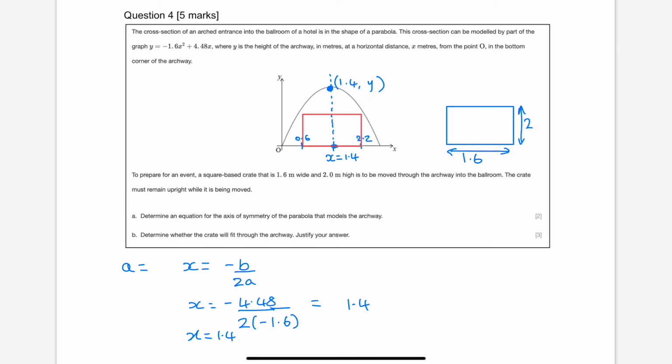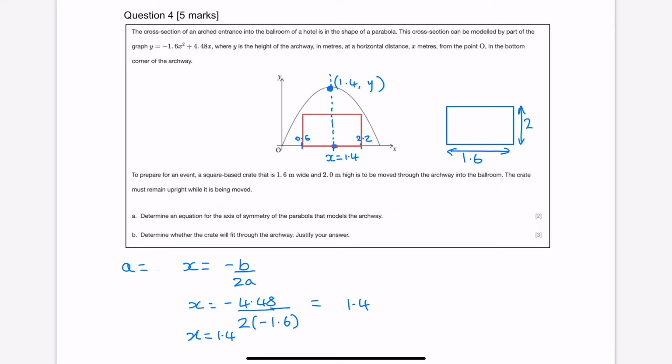And I'm trying to work out, is it going to fit? Or in fact, is it this tall, in which case it won't fit through? But I've centered it on the line of symmetry to make sure that it goes through as easily as it can. Okay, so I've just taken this 1.6, halved it, and then added that or took it off from both sides of the line of symmetry.